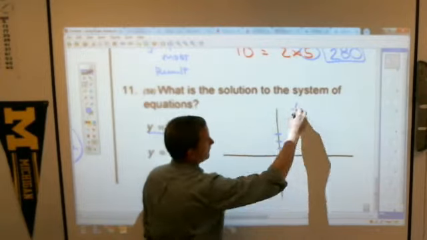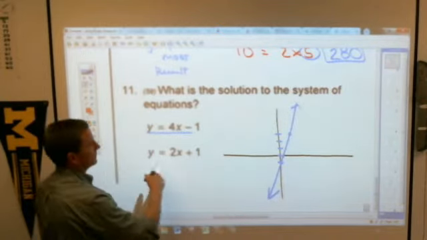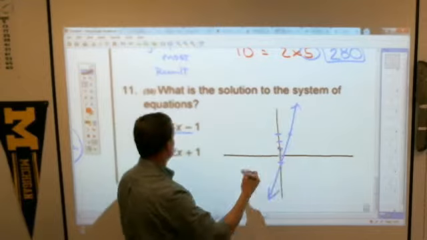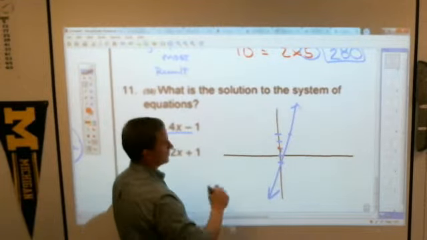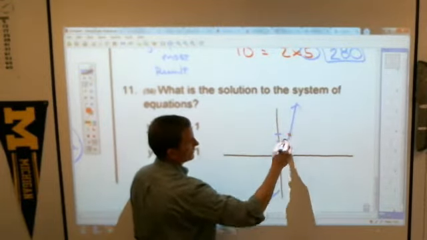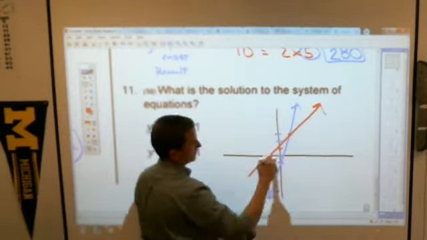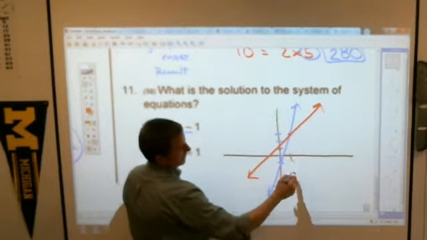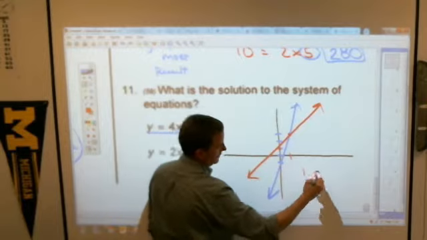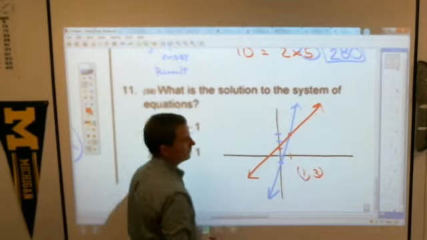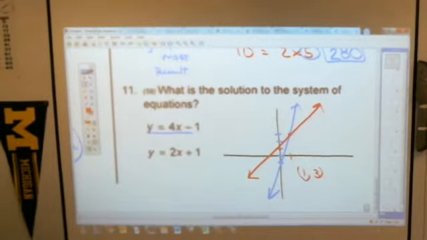And then the graph of the second one crosses at +1 and has a slope of 2, up 1. Oh, look, it crosses right there. Crosses at x is 1, y equals 3. Even with that freehand sketch, it turned out okay.